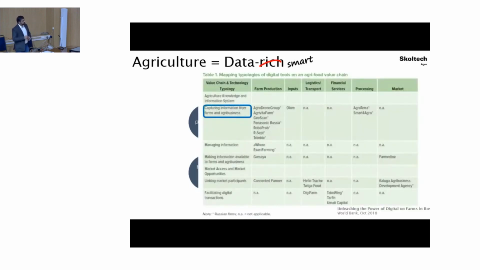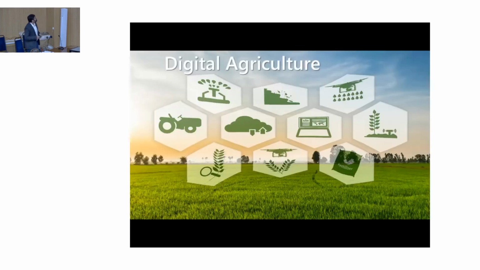The same table, if you see above this, in the agriculture knowledge generation part, there are no layers, especially in the farm production and inputs area. And that is one of the places that Skoltech is trying to make an impact. Right?